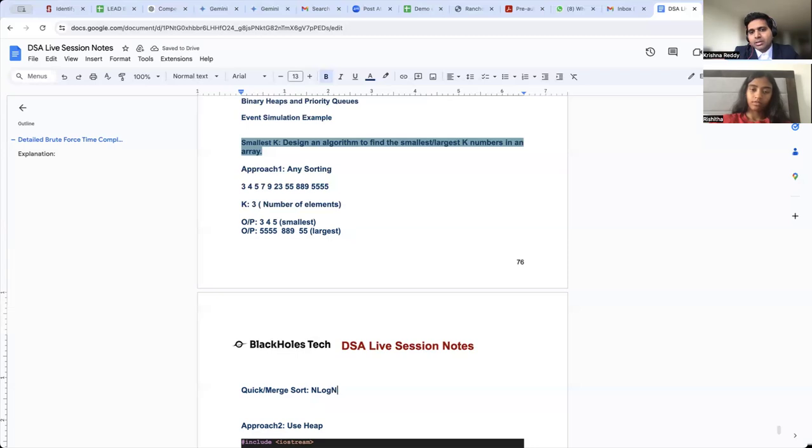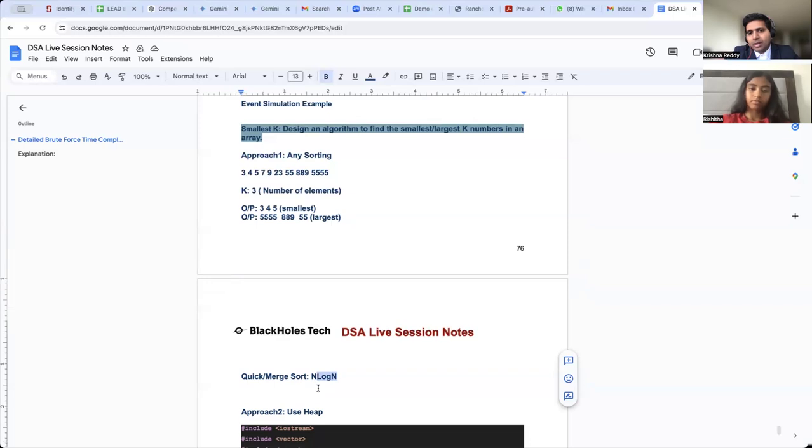If you have a million elements, its average case is n into log n, so it's always over a million comparisons, swappings, all that you need to do. In merge sort, you divide and then merge, which still takes that.